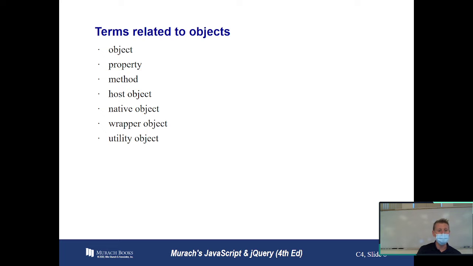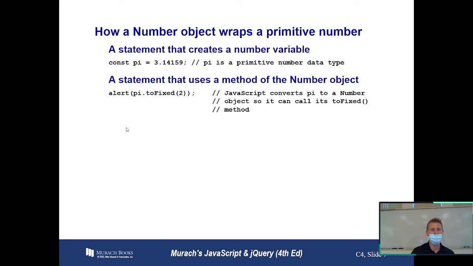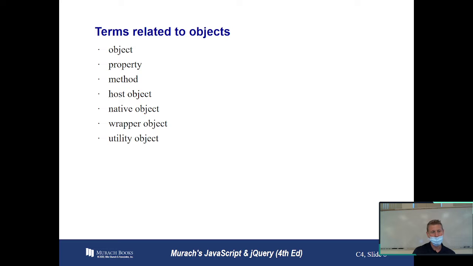A method is a behavior. A wrapper object, as we described here, basically converts a normal piece of data into an object. A utility object is something like Math, where you've got Math.PI. That just means it's built in for a utility purpose in your code. It's got its own purpose.